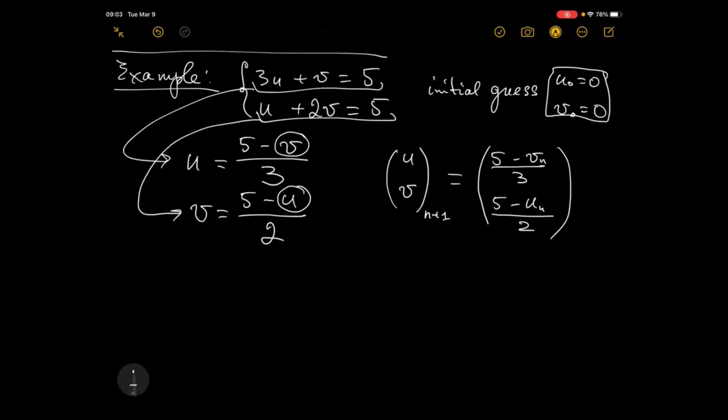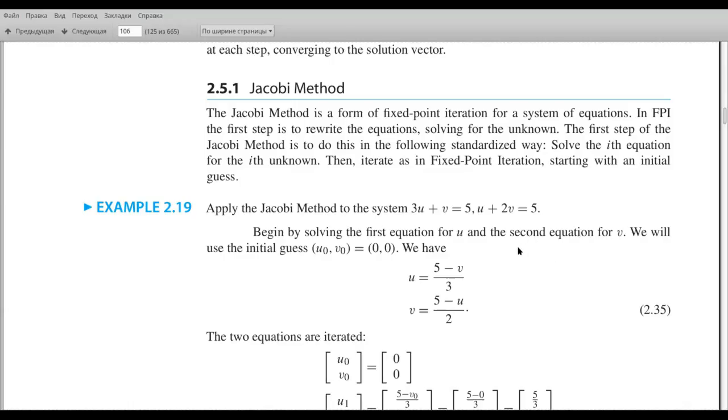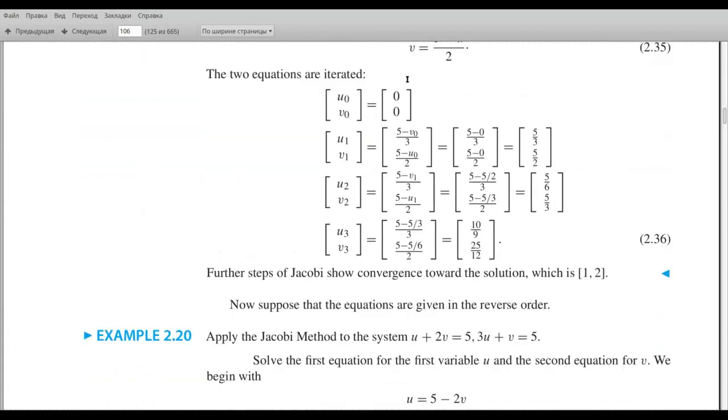Let me stop sharing here and I will show you this from the book. So here it is. This is the problem.